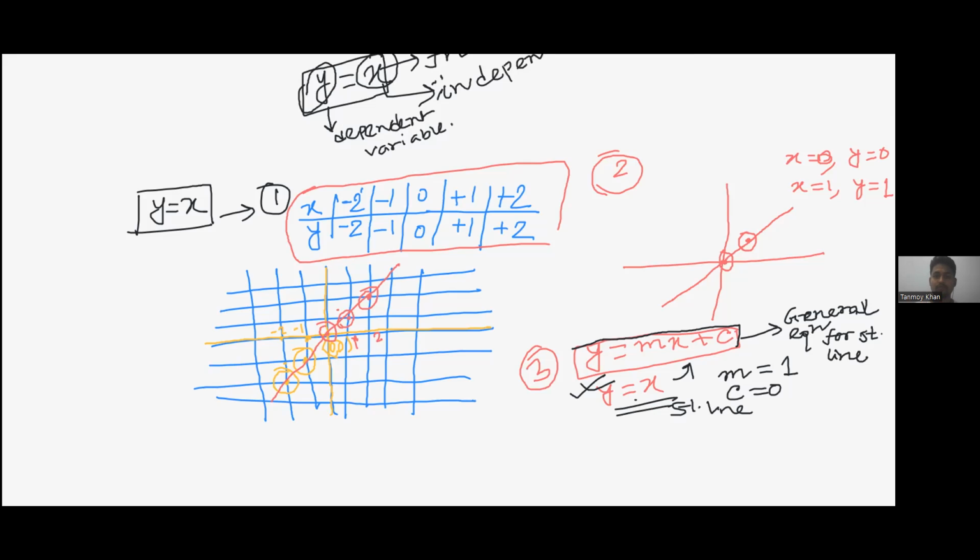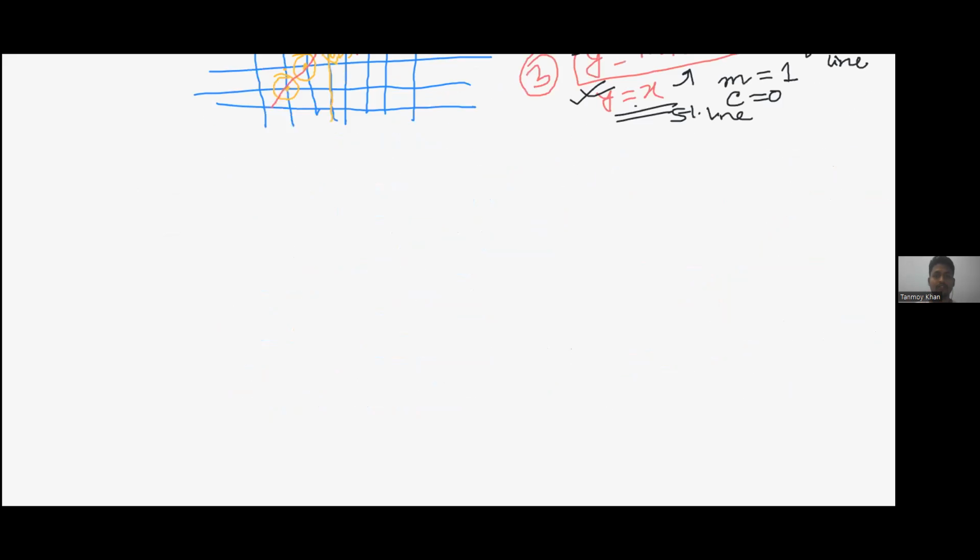So let me go to how you can draw this. This is the equation for a straight line.